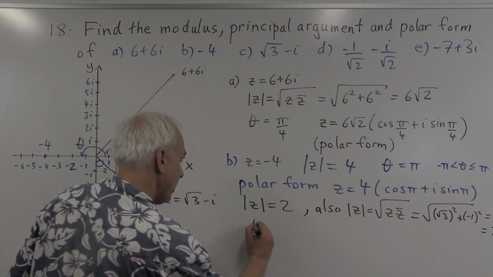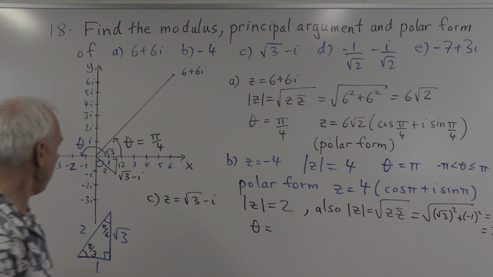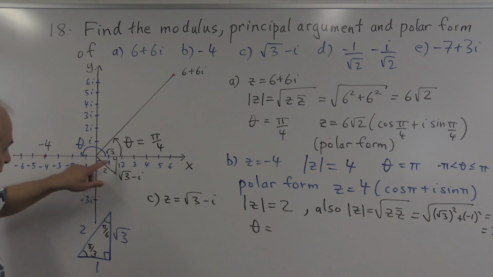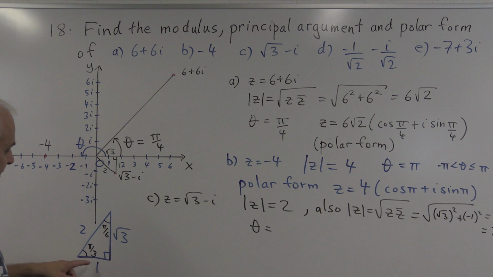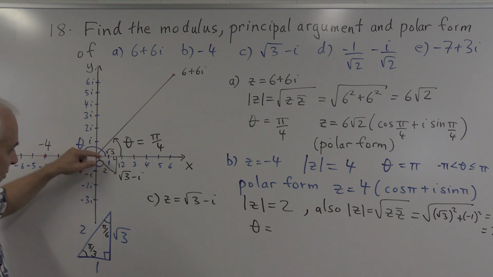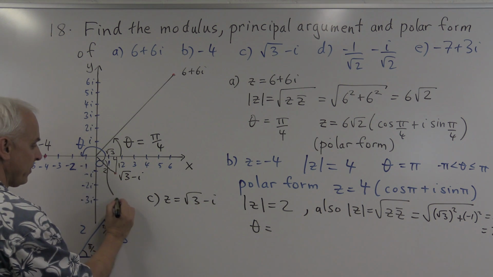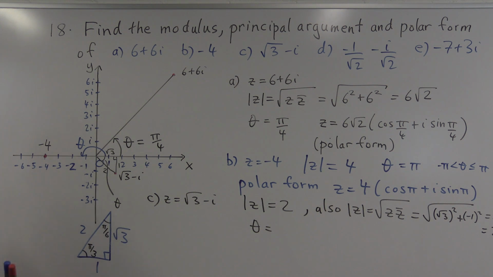In terms of the argument, well, we need to know basically the angles in this triangle. So there's 1, 2, root 3 there. And I guess you need to know that this angle is the one opposite the 1 here. So this angle here, which is the one that we're interested in, might be a little bit small there. That angle is going to be essentially 30 degrees.